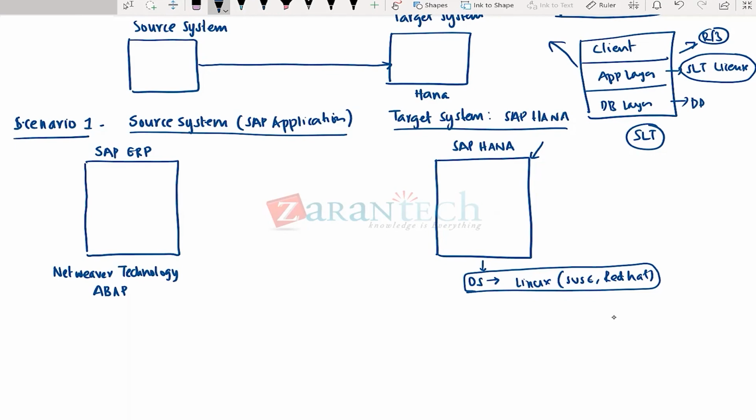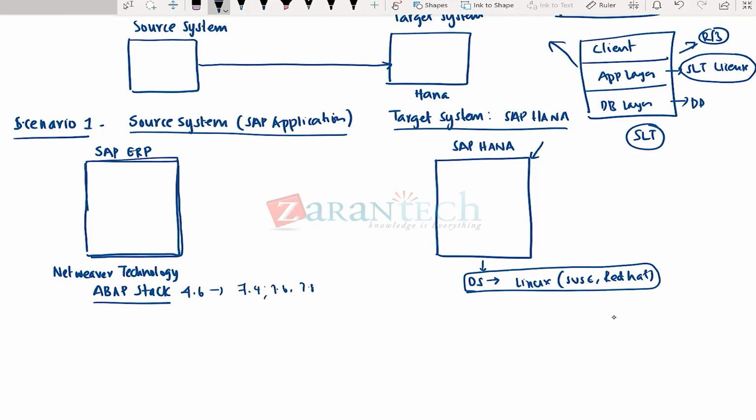The requirement is that an SAP ERP system has to run on a NetWeaver technology ABAP stack. Each ABAP stack has its own version names. The version name starts, I think, from 4.6. It goes to 7, 7.4, 7.6, 7.8. There are many versions of ABAP stack available. Every higher version number means it's a more advanced system.